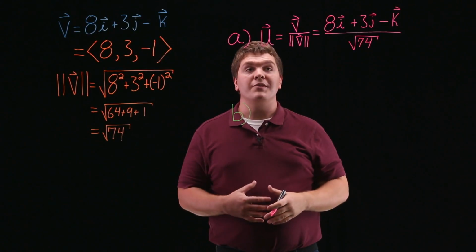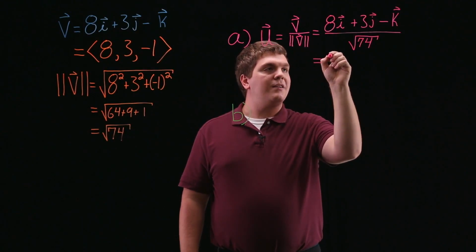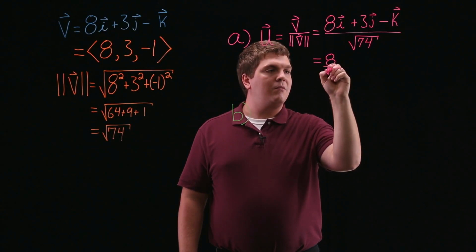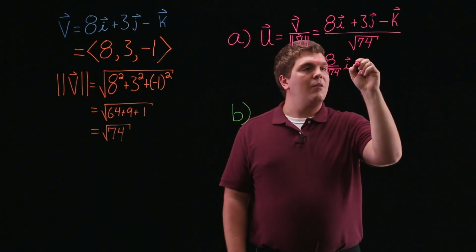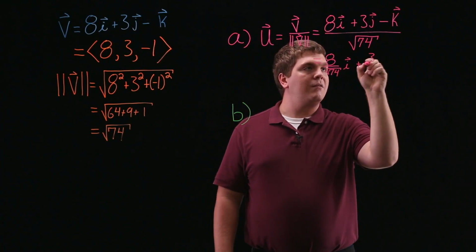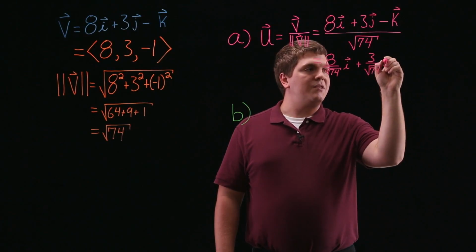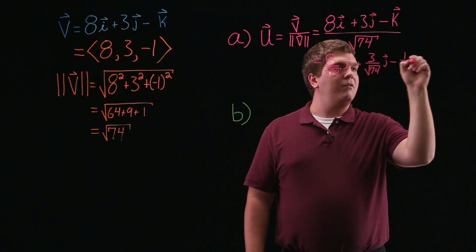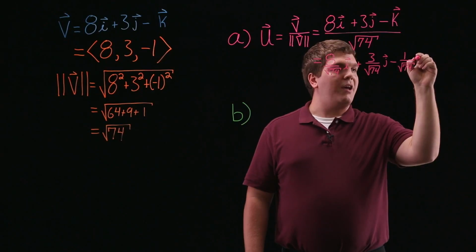Here we can take a couple steps and simplify this. We can rewrite this as 8 divided by the square root of 74 times i, plus 3 divided by the square root of 74 times j, minus 1 divided by the square root of 74 times k.